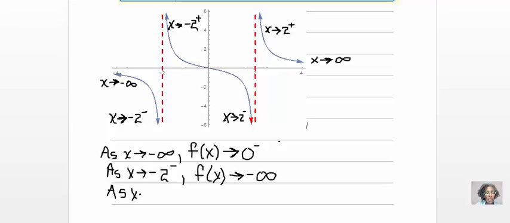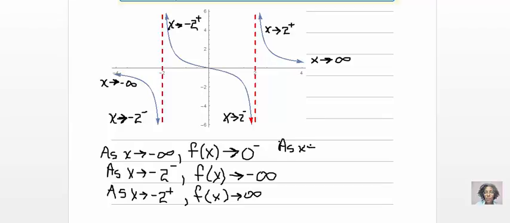As x goes to negative 2 from the right, f of x is going to positive infinity. It's increasing without bound. So notice how the y values are getting larger and larger. Here the x values are getting more and more negative, and the y values are getting more and more negative. And that's why we say f of x is going to negative infinity.